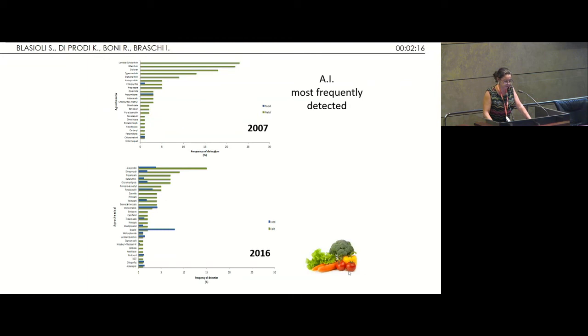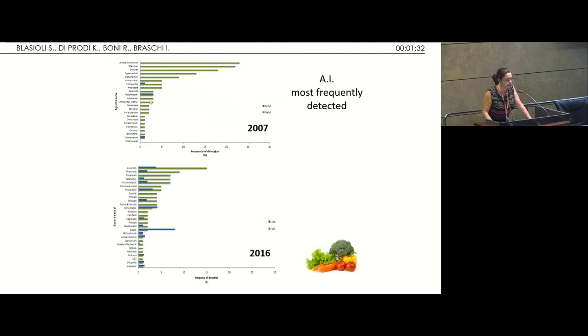If we consider for vegetables the year 2007 and 2016, we can observe that the frequency of detection is much lower in 2016 than 2007, and the number of active ingredients detected is much higher. This, of course, is connected to the fact that we are using a higher number of molecules for crop defense, and also we are looking at a higher number of molecules.